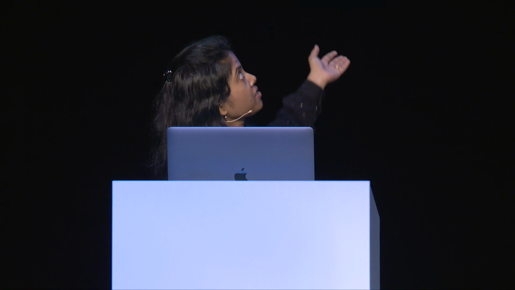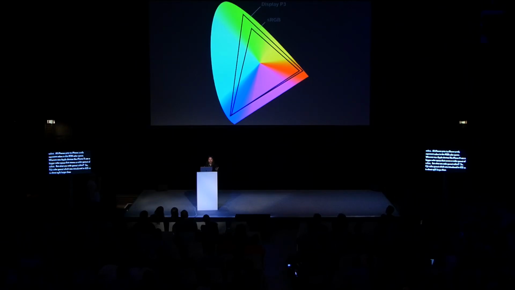But what are wide gamut colors? So P3's color gamut, which was introduced in iOS 10, is about 25% larger than sRGB's. And it supports colors that fall outside of the sRGB color range.